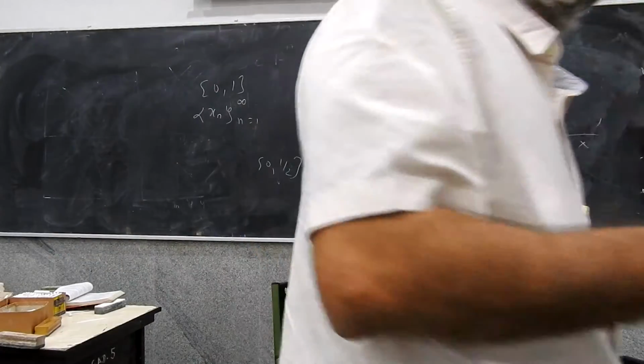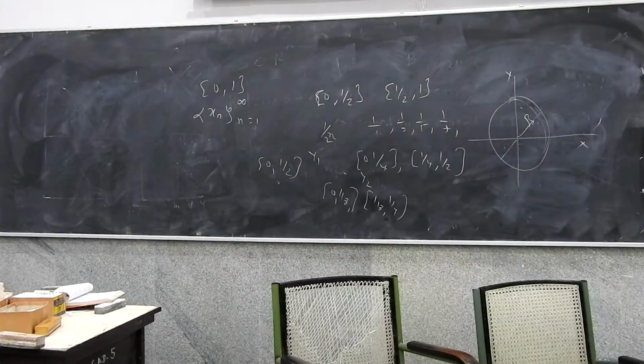It will be vectors. x1 will be an n-dimensional vector, x2 will be an n-dimensional vector, x3 will be an n-dimensional vector, x4 will be an n-dimensional vector. Think of a sequence of such vectors in some kind of a sphere in three-dimensional space.